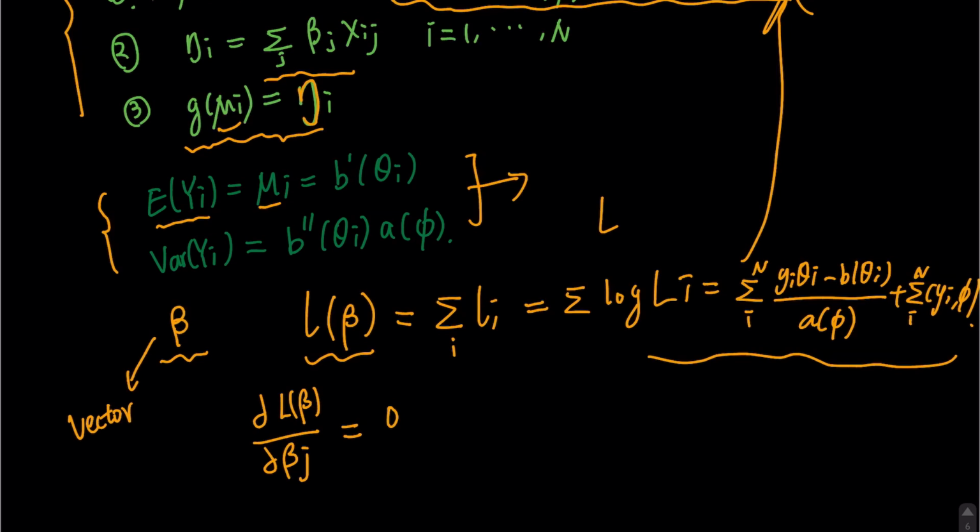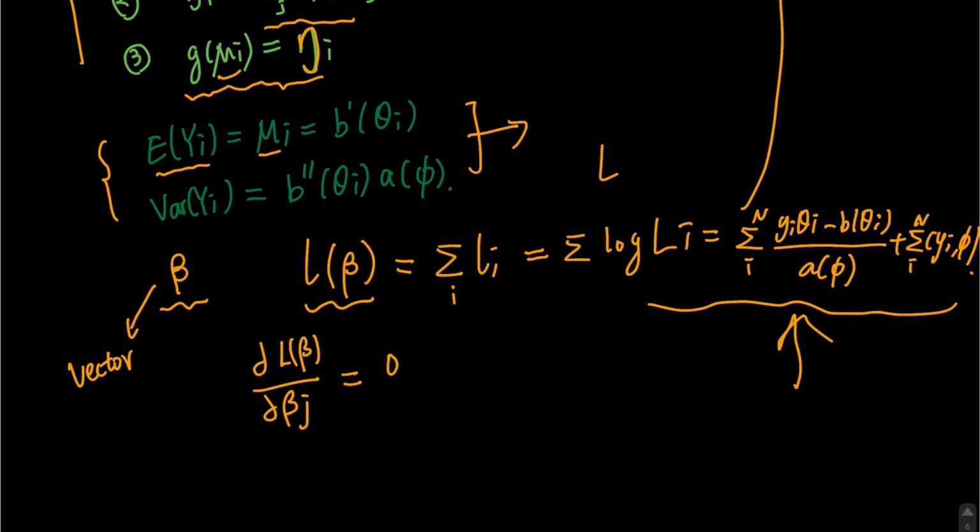So they are actually interconnected. Even though you don't see beta directly in this expression, because beta is connected with yi through the link function, that's how we're going to find the derivative with respect to beta.